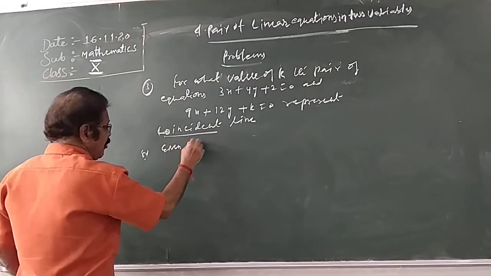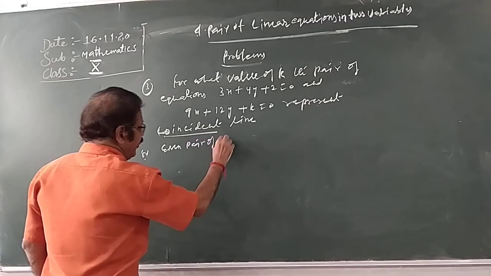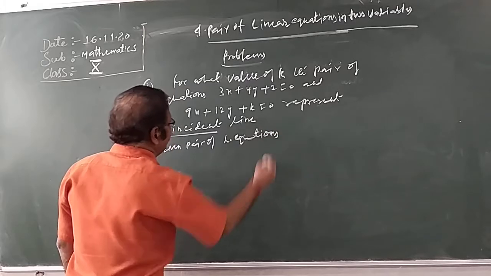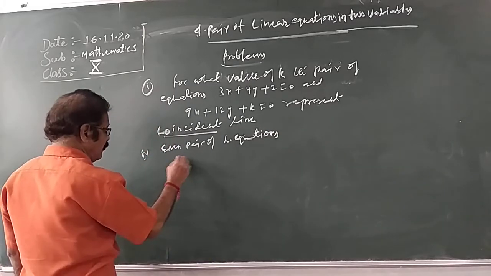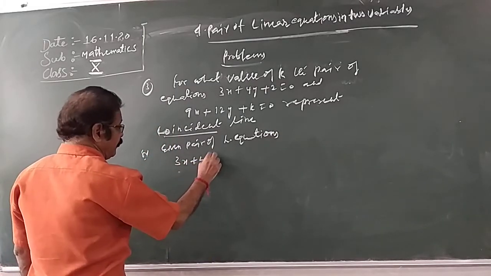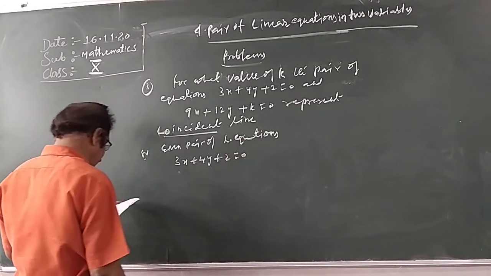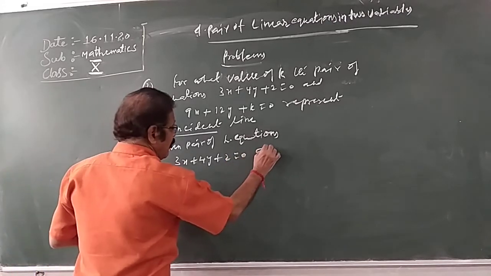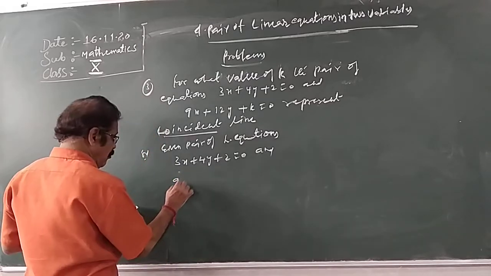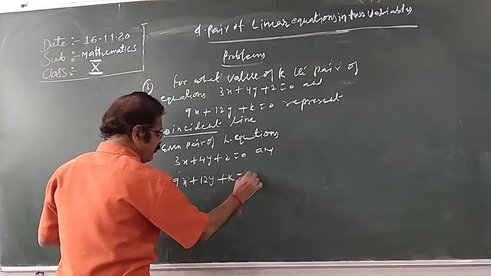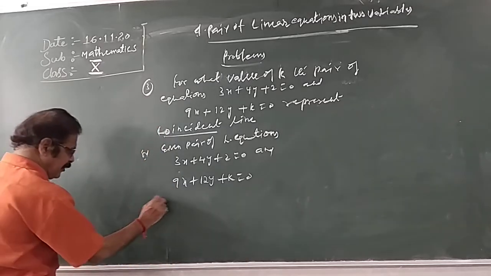So, the given pair of linear equations are 3x plus 4y plus 2 equal to 0 and 9x plus 12y plus k equal to 0. So, you write the coefficients.